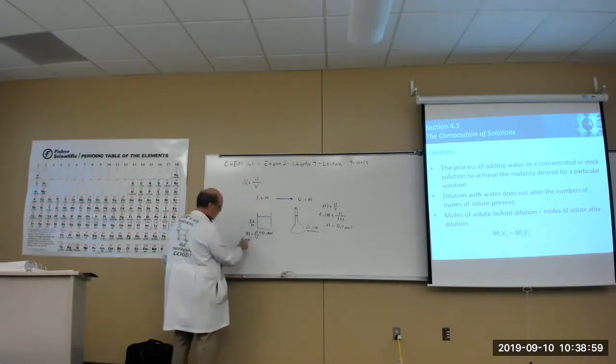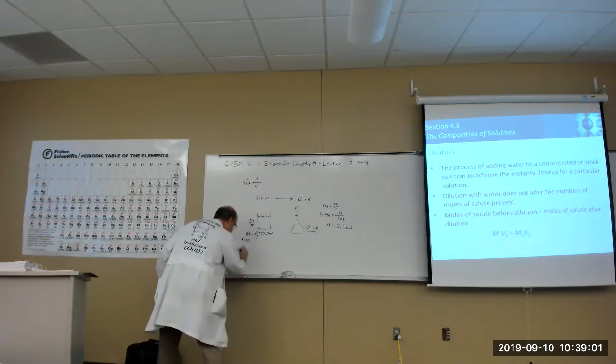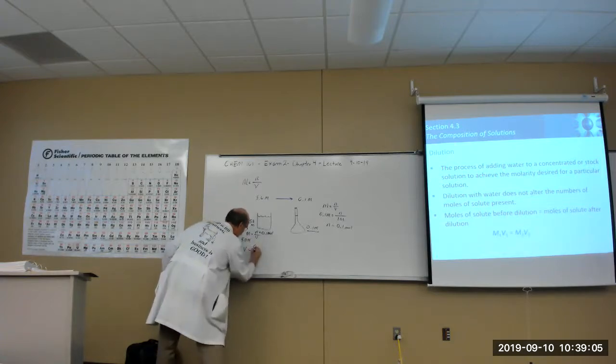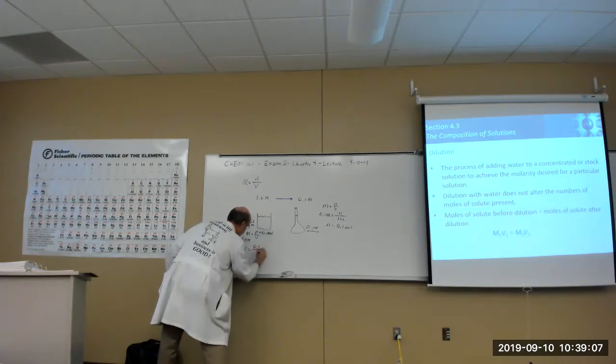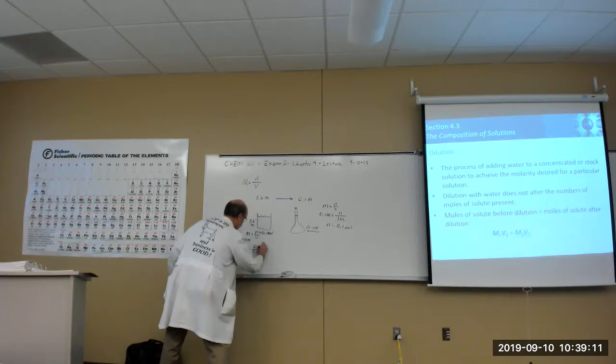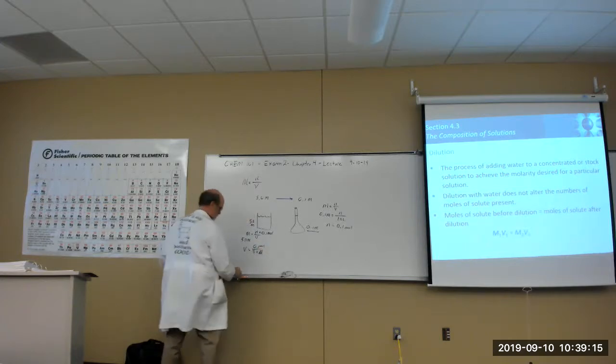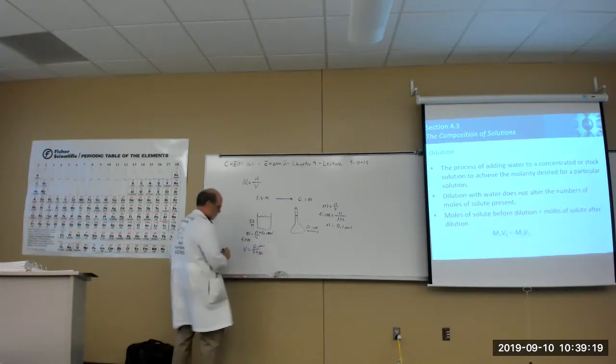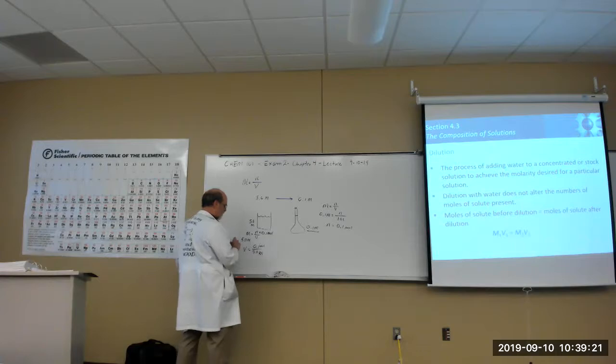So we solve for volume. So volume comes over here, molarity goes down here, and we have 0.1 divided by 5. This is moles, this is molar, and it's messy. Here we go. So 0.1 divided by 5 is what?